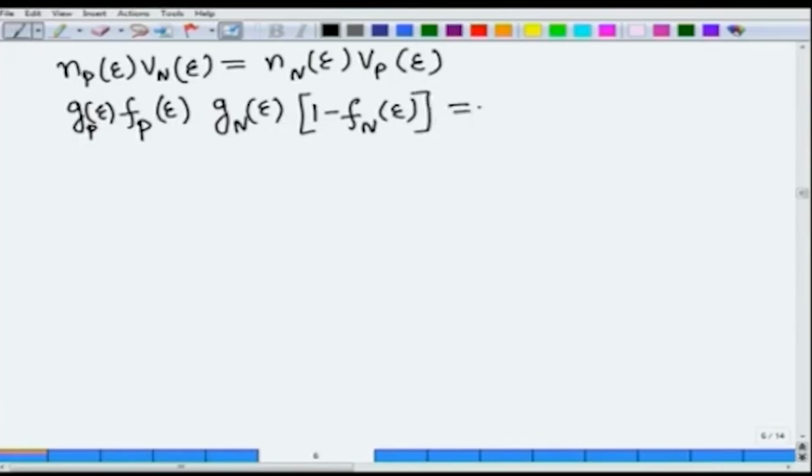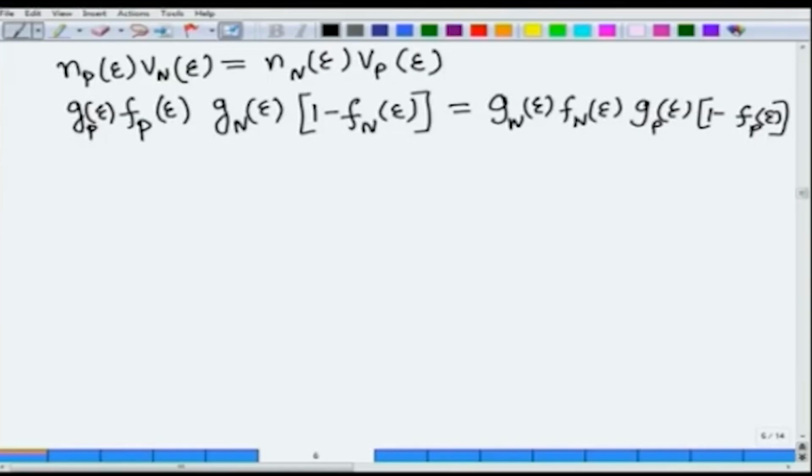This should be equal to likewise G on the n side, F on the n side, times G on the p side, times 1 minus F on the p side.